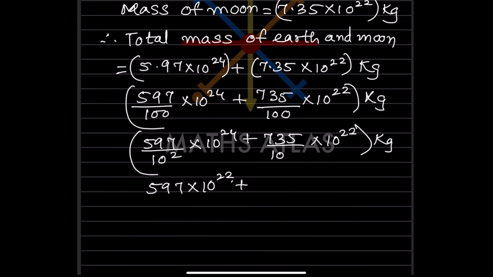We can keep this number as, so it will be easier. That will be 7.35. Let us keep here, because now why? Because we have here 10 raised to 22. So we can take that as common. We are not going to separate it, but let us keep that as it is into 10 raised to 22.